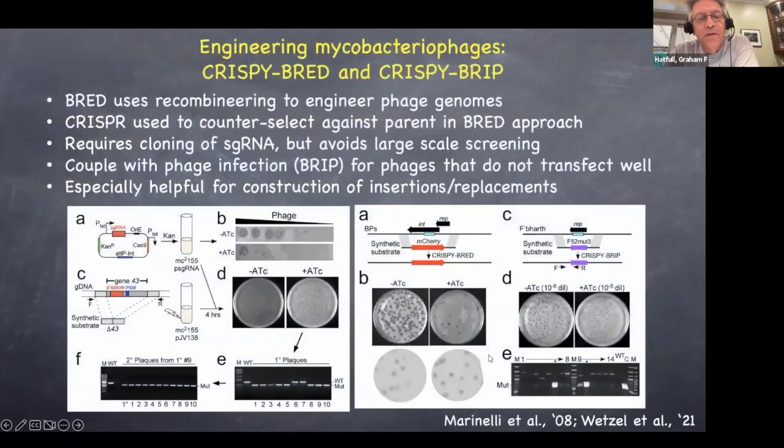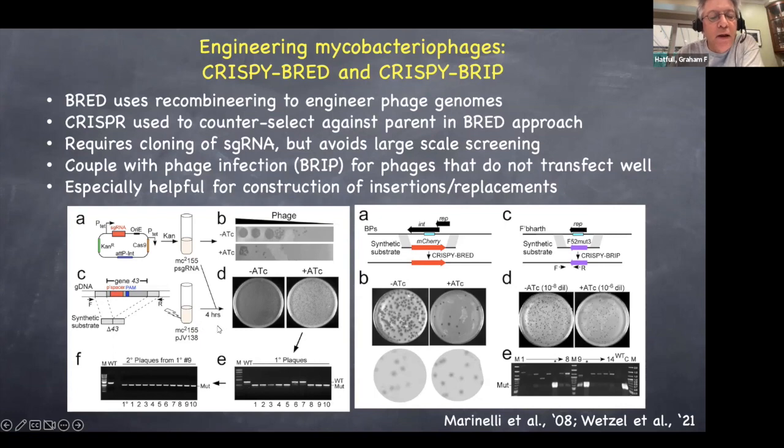I'll just comment briefly on this more recent system that we've described, which we think is useful and maybe a broadly applicable approach, which we call CRISPY-BRED or CRISPY-BRIP, where what we're doing is a combination of recombineering. So we co-electroporate genomic DNA with a synthetic substrate, for example, to create a deletion that goes into a recombineering strain. So you get proficient recombination between these.